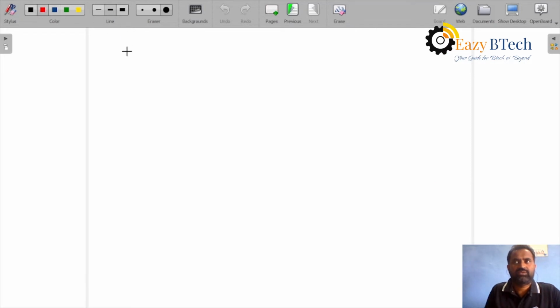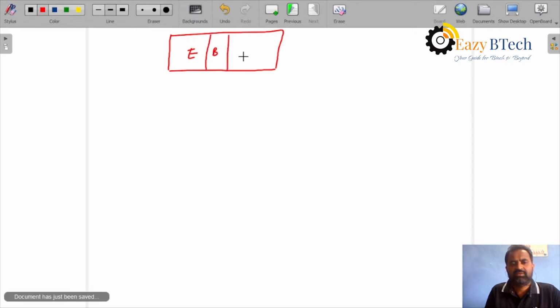Now students, from this we will write: it is emitter, it is base, it is collector. Now we know the transistor action. Current can flow from emitter to collector. That is the transistor action.